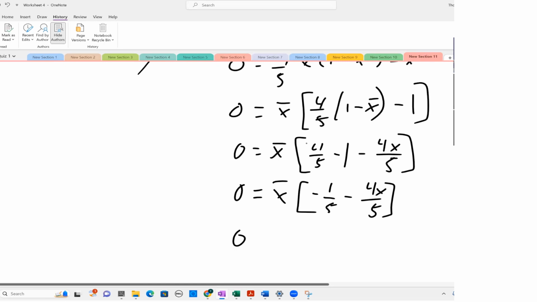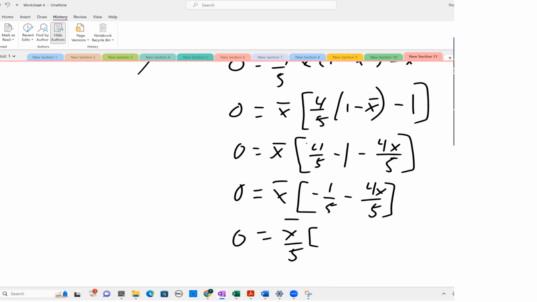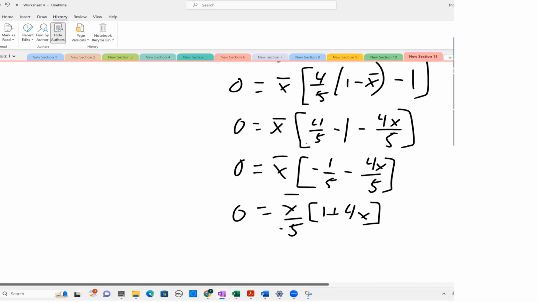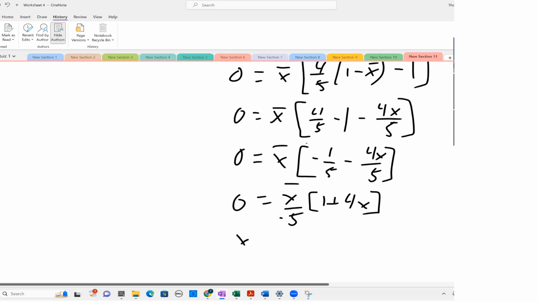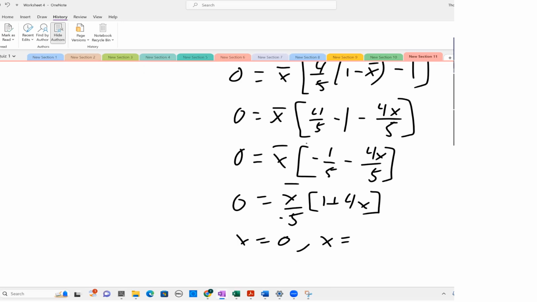So 0 equals x bar over 5 times minus 1 plus 4x bar. So from here we get that x equals 0 and x equals 1 over 4.